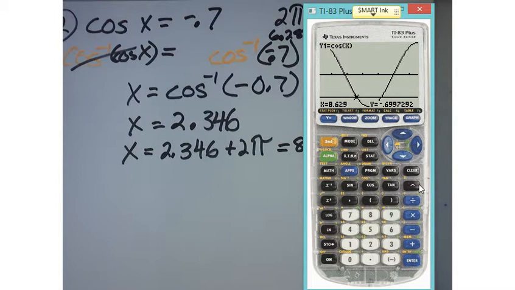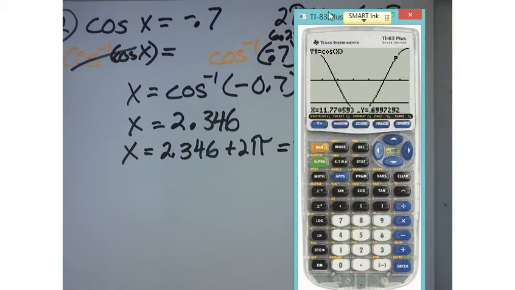So if I say 8.629 plus pi, we're guessing that it might intersect right here, right? Oh wow, that's too far. So how do I find that other one? Well, you could trace or you could find the intersection, but what you need to really understand is how they're connected.